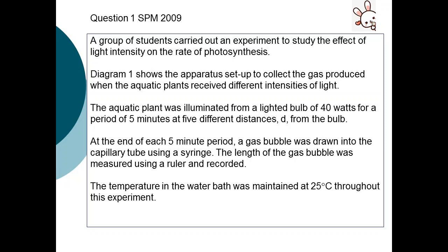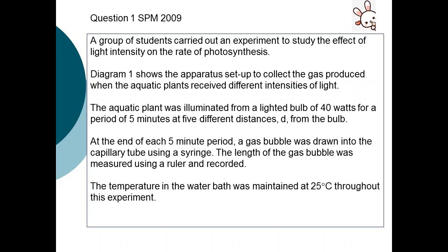At the end of each 5-minute period, a gas bubble was drawn into the capillary tube using a syringe. The length of the gas bubbles was measured using a ruler and recorded. The temperature in the water bath was maintained at 25 degrees Celsius throughout this experiment.